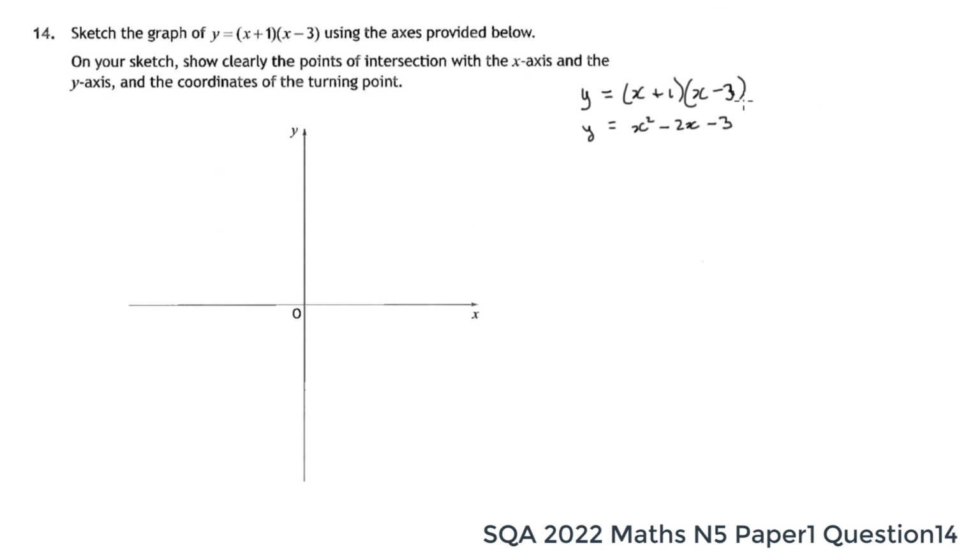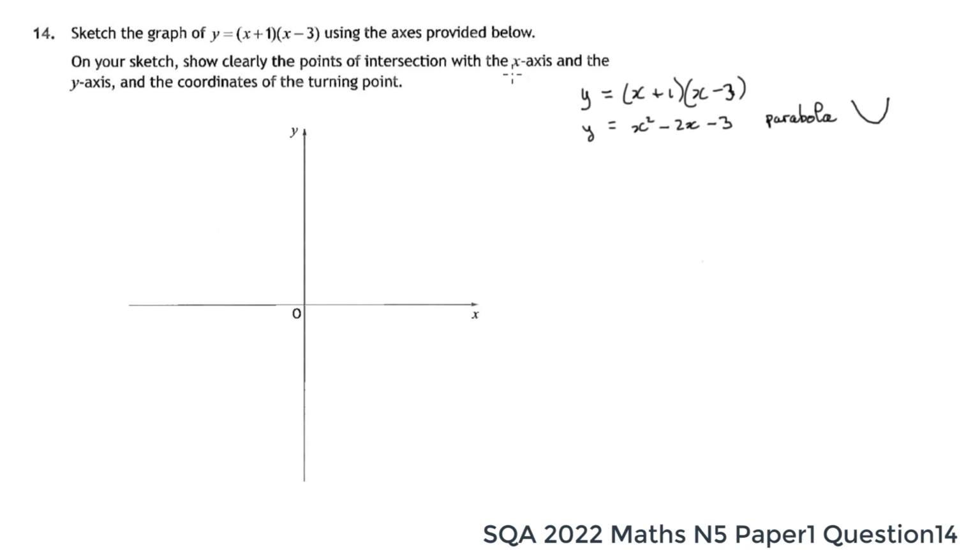And we're therefore looking at a quadratic expression, and therefore it's going to be a parabola. And because it's got a positive x squared term, it's going to be concave upwards. It's going to be shaped that way, not upside down, if you know what I mean. So that's what we're expecting.